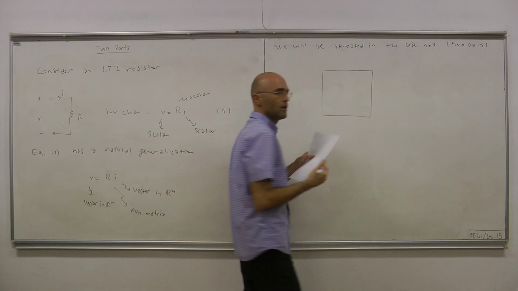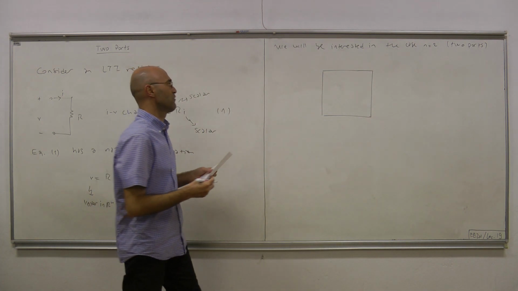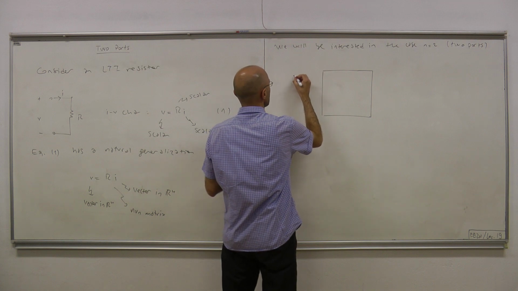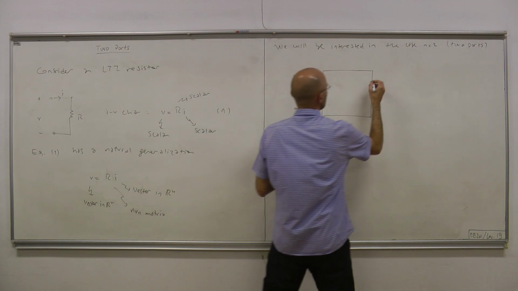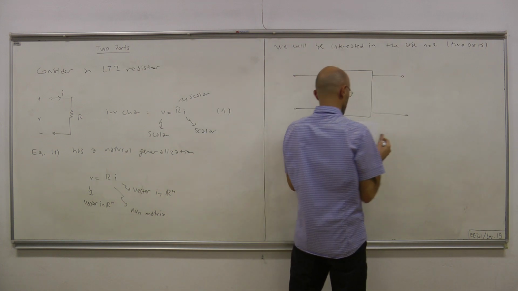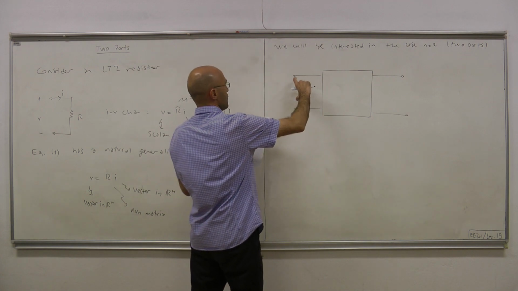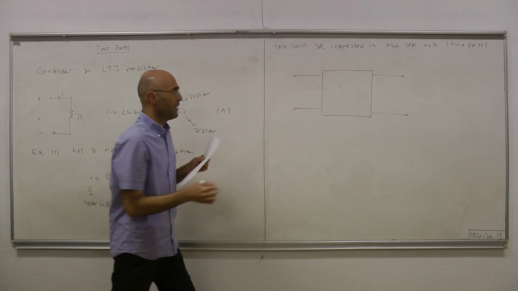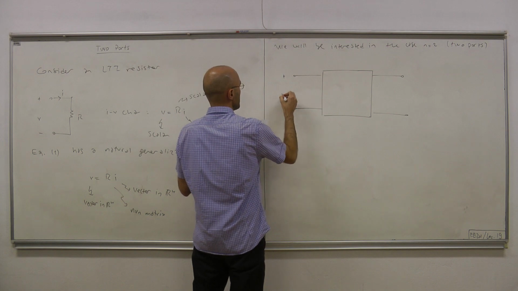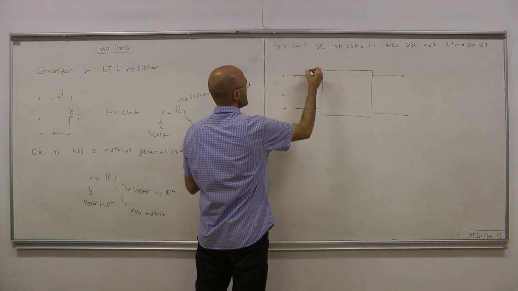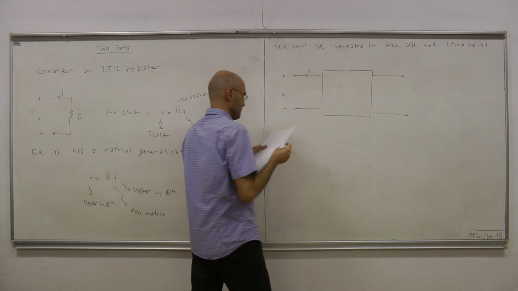This is our circuit, and from this circuit there are 4 wires sticking out. For the first pair, we do the labeling plus minus V1, and this is the current I1.